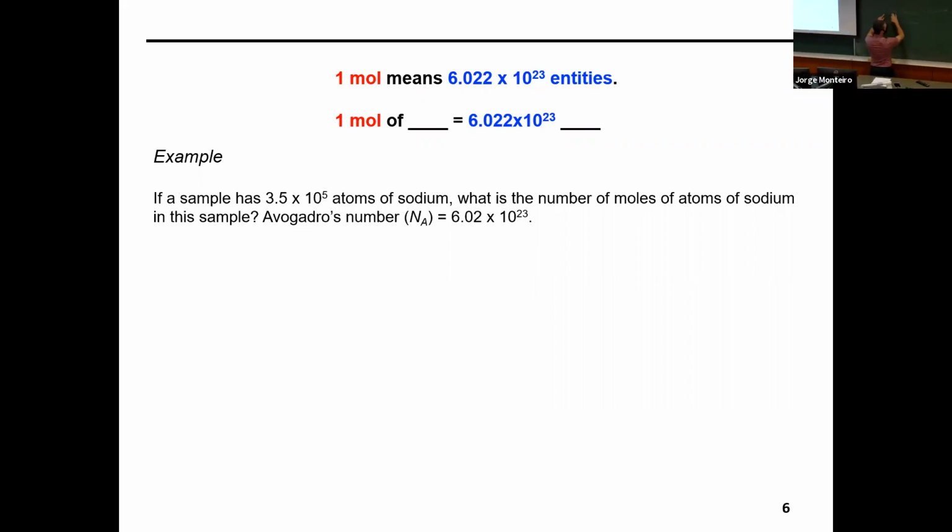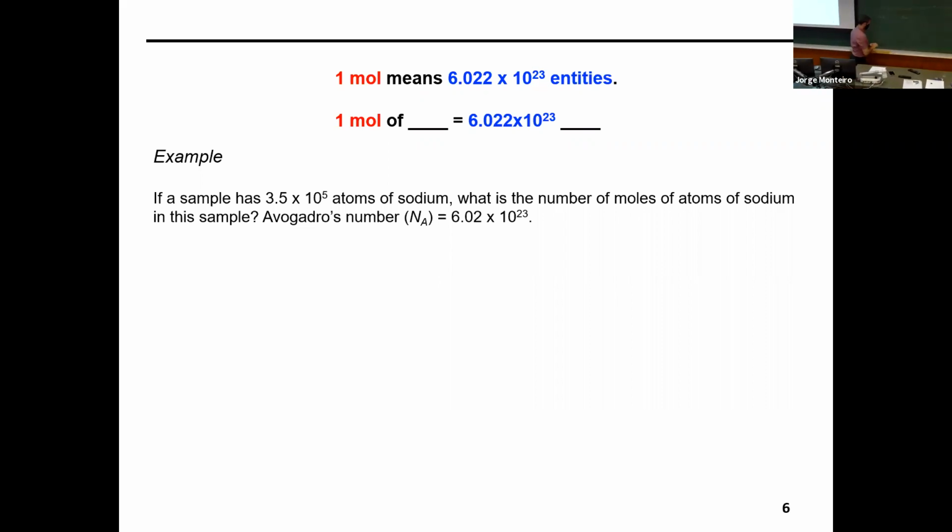So therefore, same thing here, let's build a conversion factor. 1 mole of atoms of sodium. Replace mole by 6.02 times 10 to the 23rd, and we are still talking about atoms of sodium.